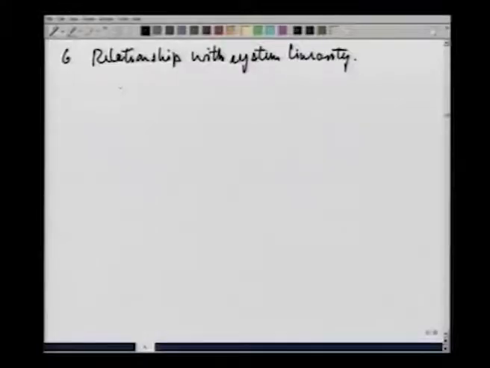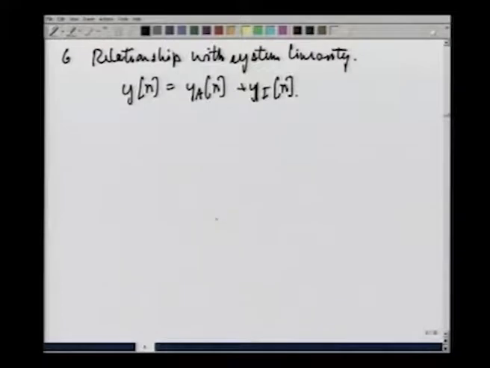So, we will do that again here and write y[n] equals y_a[n] plus y_I[n], where the notation will carry the same meaning as we had on the previous occasion.